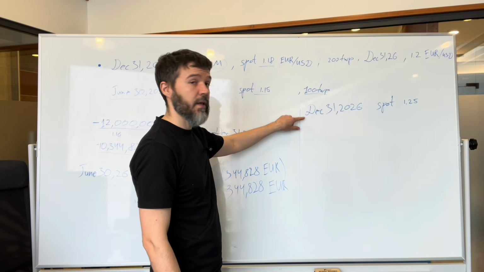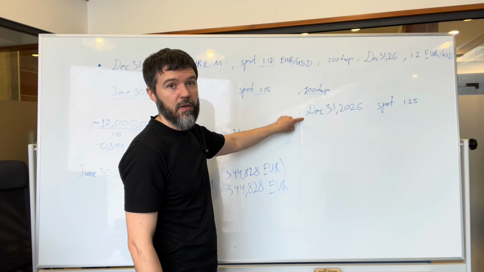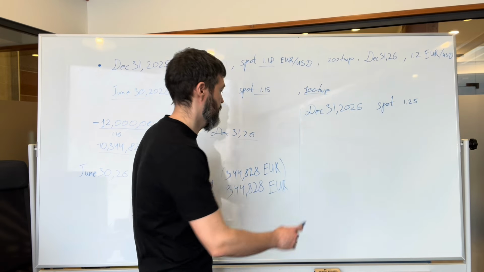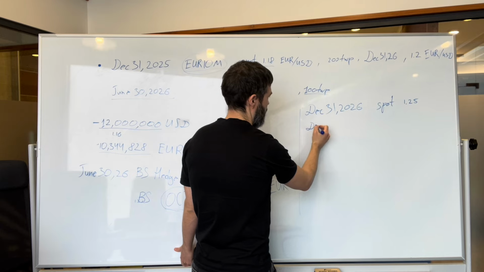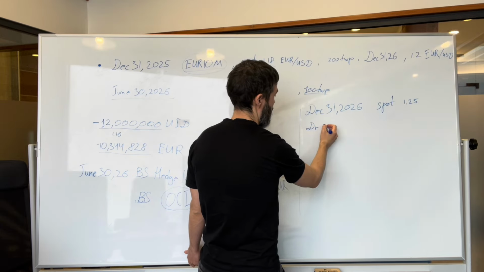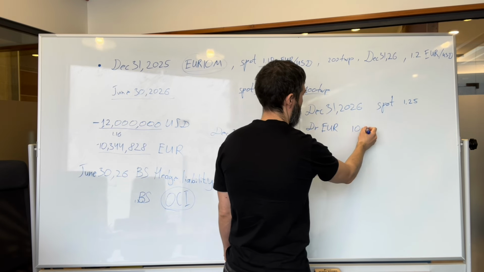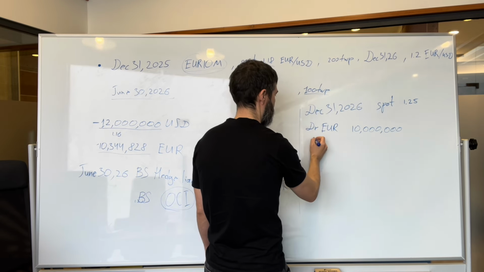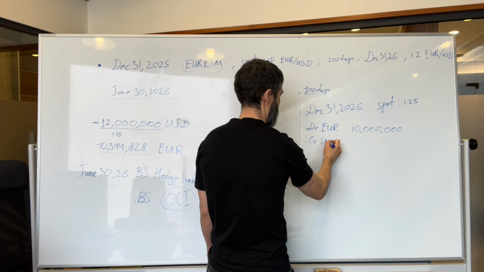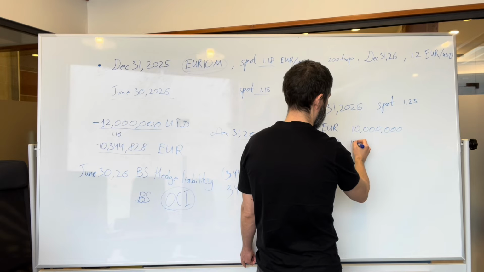And at that point of time, you don't have any asset or liability because you're receiving. Okay, let me write it here. So it's debit euro 10 million, and it's credit USD. It's all bank accounts, different bank accounts.